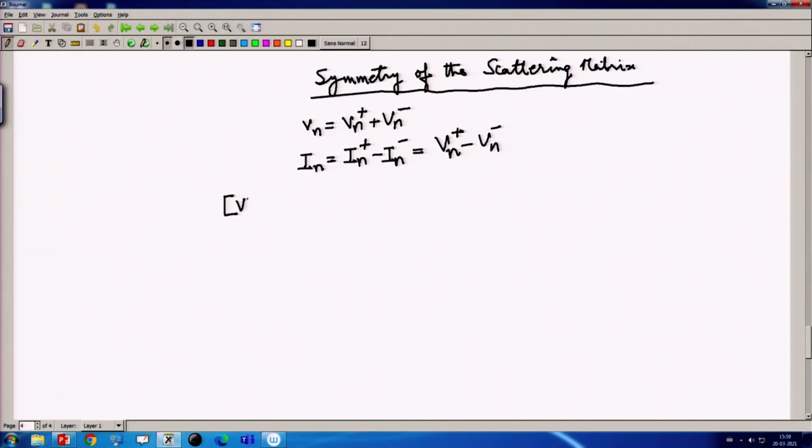So, therefore, I can write the voltage matrix V, the sum of incident and reflected voltage, equal to Z times I, because V is equal to Z I, and I is nothing but I plus and I minus, that is equal to V plus minus V minus.